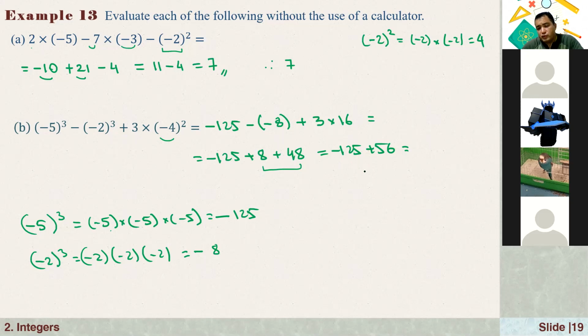And which number's absolute value is greater? 125, right? So here I should write negative 125 minus 56. That's equal to, what is it? It is 69, I think. 69, 110, 125. Yes. So the answer is negative 69.